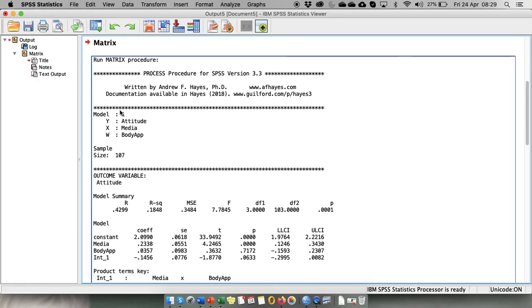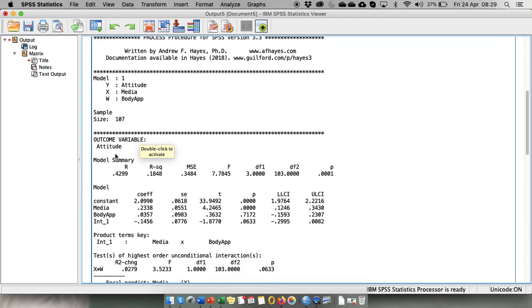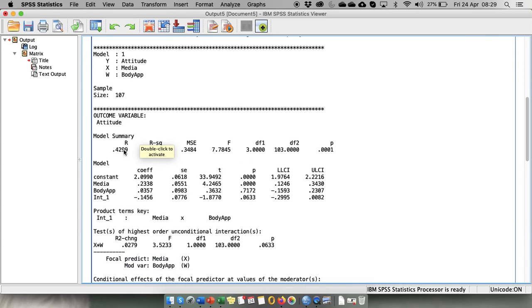So we have our model where attitude to advert is our dependent variable, media is our predictor variable, and body appreciation is our moderator variable. We have our sample size, and here we have our model. So we have a model summary. In the usual SPSS output, it will be in a table titled model summary. And here you don't have a table, but you still have all the important information.